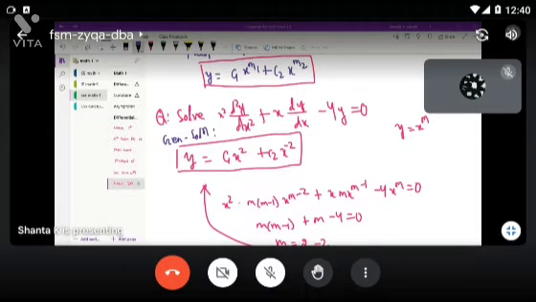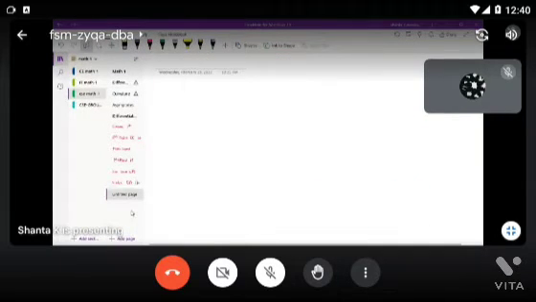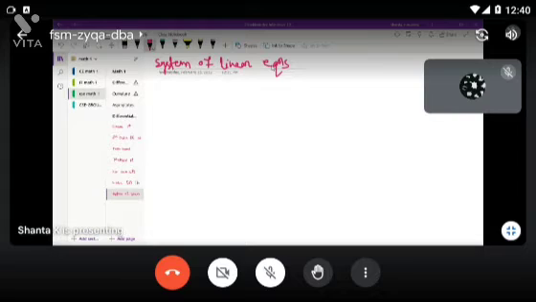For the system of linear equations, till now we have been discussing the solution of a single linear differential equation, where y is the dependent variable and x is the independent variable.